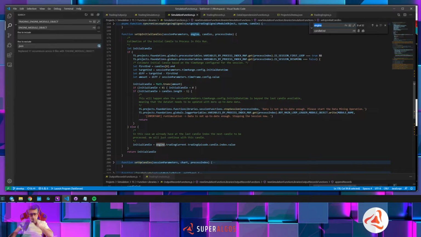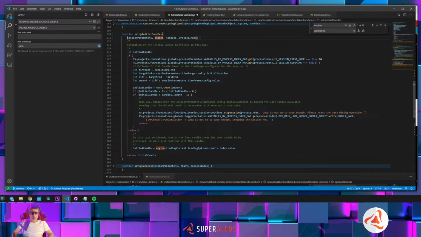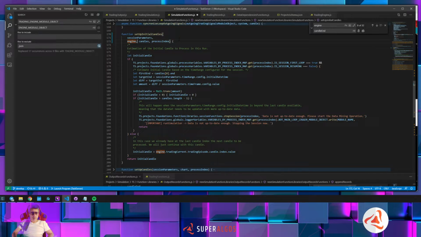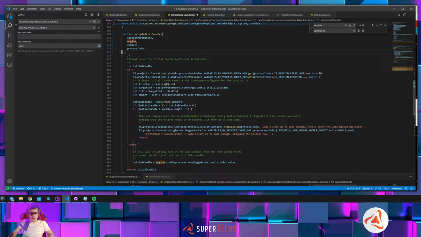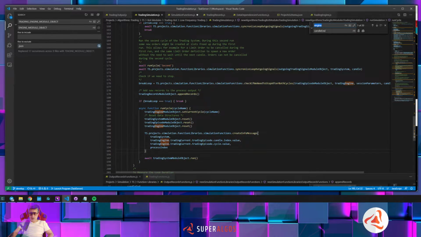So here the engine is being used only for the candle index. So what we're going to do is to put this here and look for this function here.